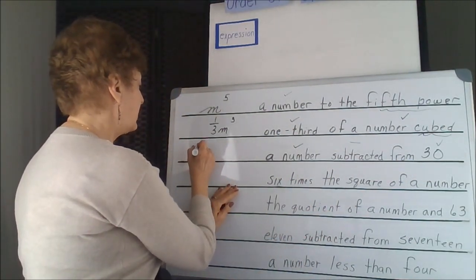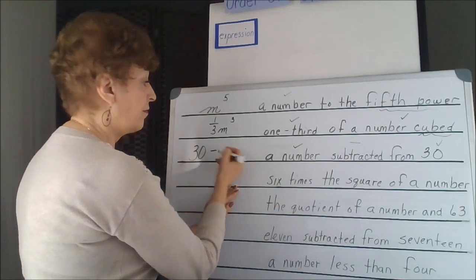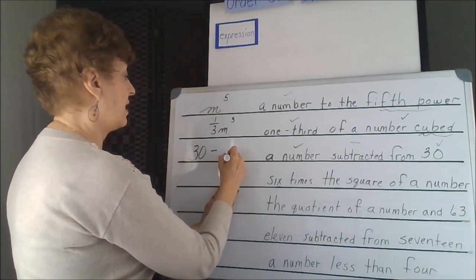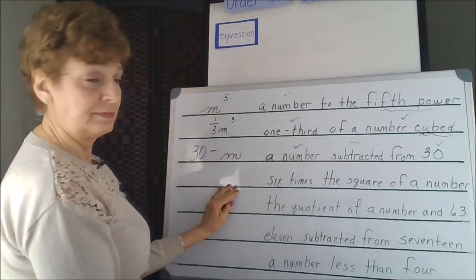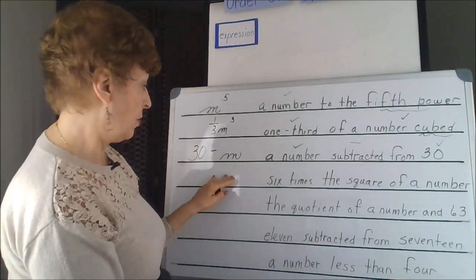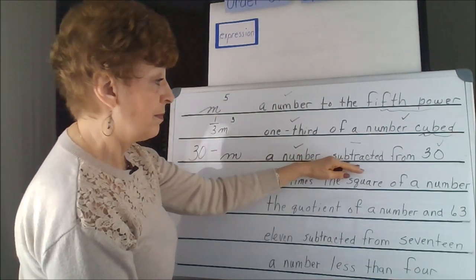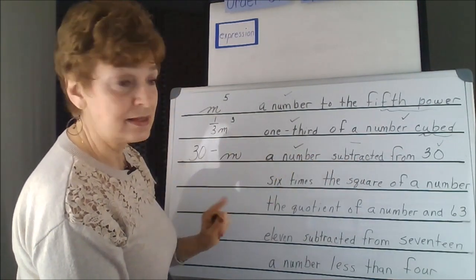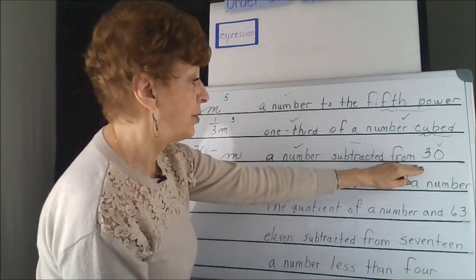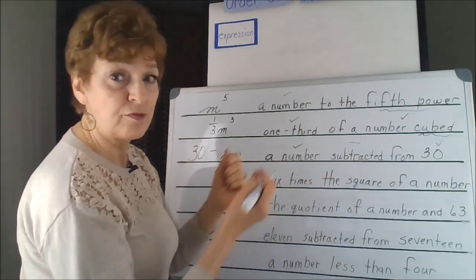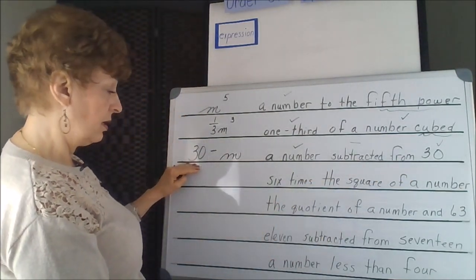And then you're going to be subtracting a number from that. Let's call it m. The tendency you'll want to do it in the order that you read it and put m minus 30, but that's not what this says. It's starting out with the 30 because you're subtracting the number from the 30, so you're starting with 30.